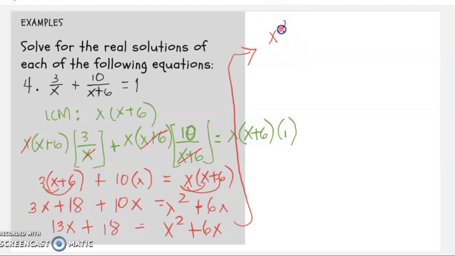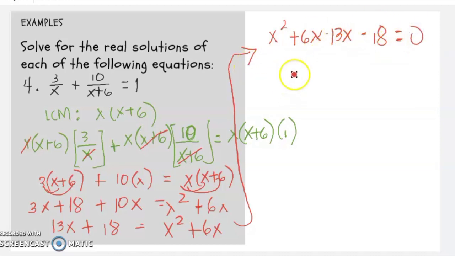So, x squared plus 6x. Pag ililipat ko si 13 sa kabila, magiging negative 13x. And then, si positive 18, pag inilipat, magiging negative 18 equals 0.